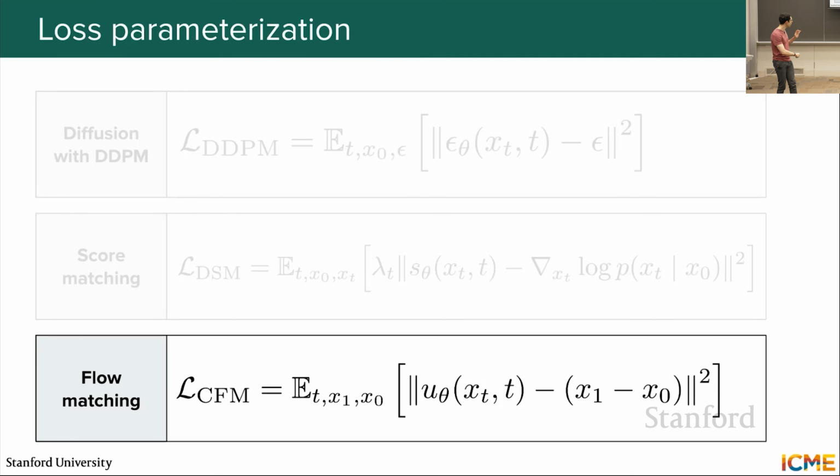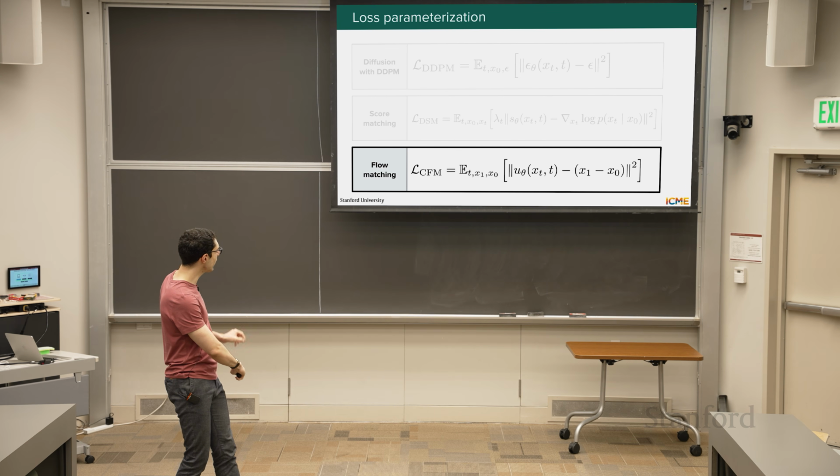And we had a loss that was regressing the vector field by just taking 2 points, one from the target distribution, x1, and then x0 from the noisy distribution, typically a Gaussian distribution. And we ended up with this loss function.